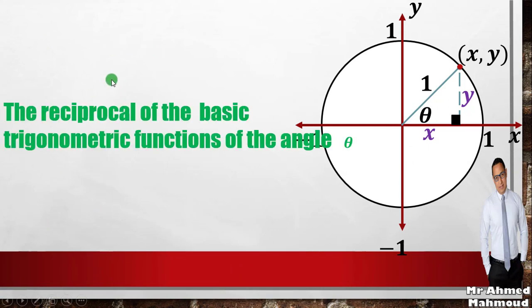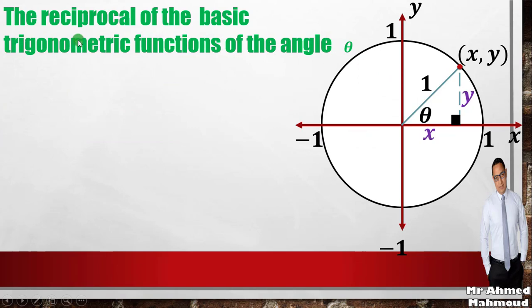The reciprocal of the basic trigonometric functions of the angle: reciprocal means multiplicative inverse. The first reciprocal is called secant of theta, and we are going to abbreviate it as SEC, sec theta.